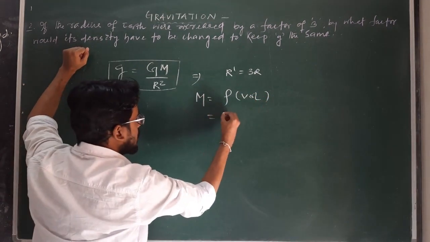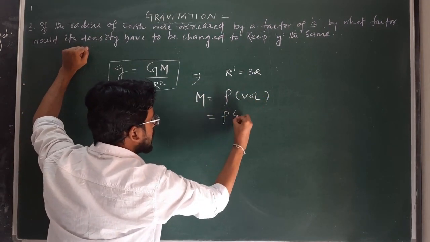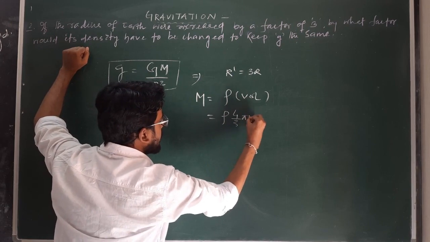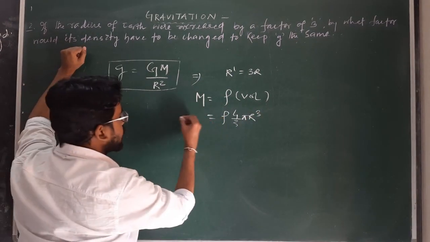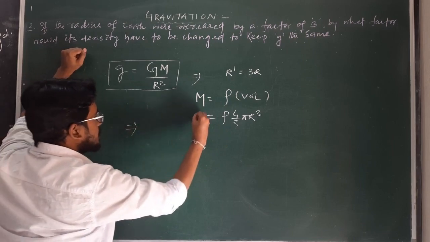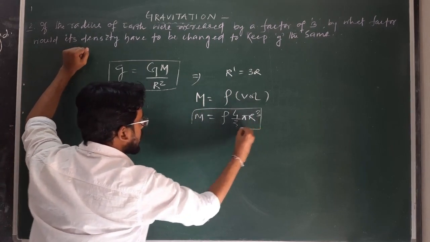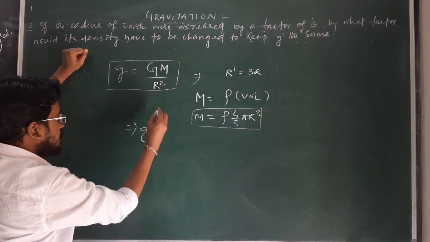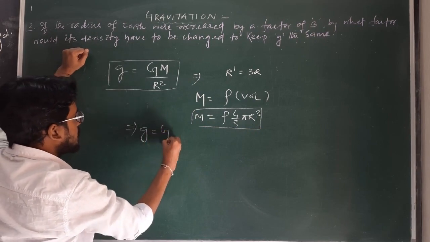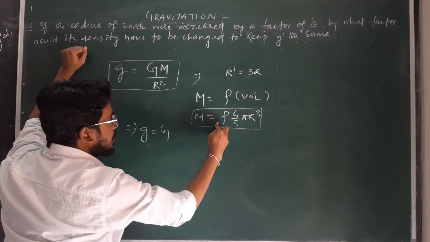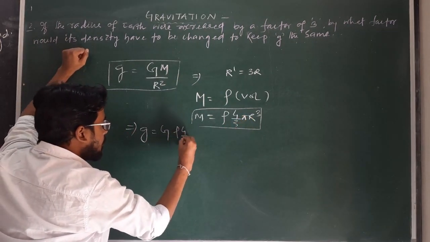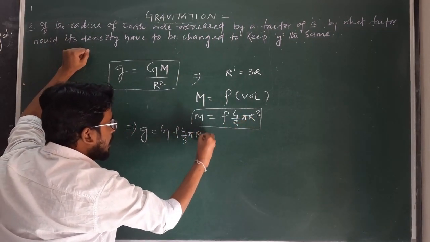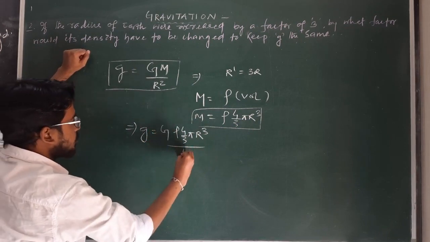So from this we will get rho into what is the volume of the planet, that is 4 by 3 pi r cube, where r is the radius of the planet. Clear? So if this is equal to m, what is the expression of g in terms of density? g can be written as capital G, in place of m I can write rho into 4 by 3 pi r cube, divided by r square.